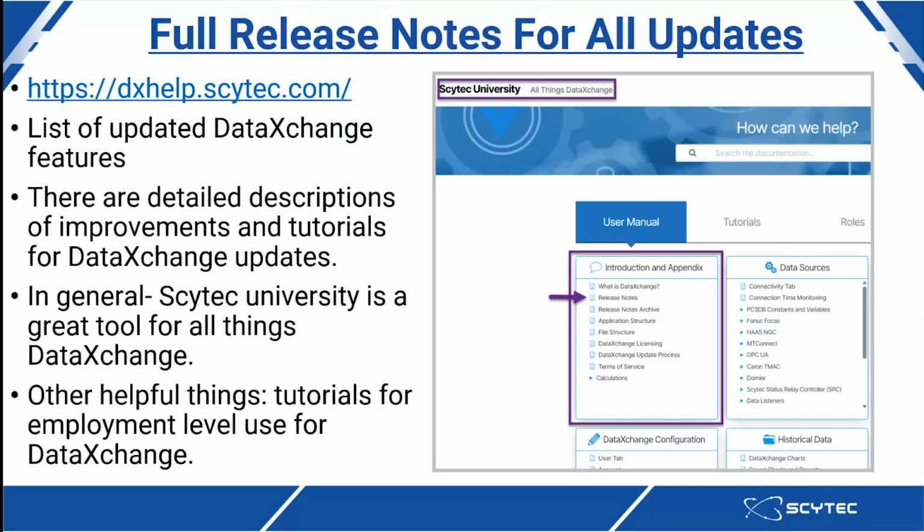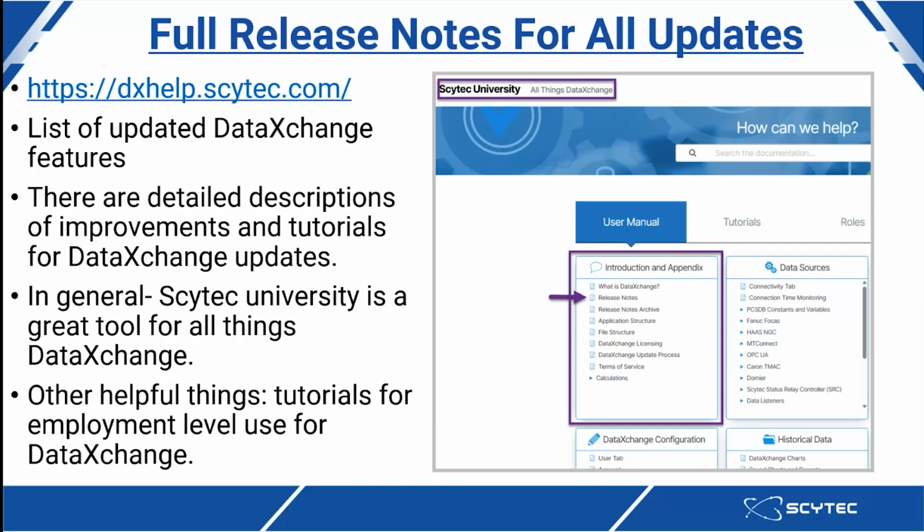So where you can find out about all of the stuff that is in a data exchange update can be found at our Scytec University website, which can be found at dxhelp.scytec.com, where you can find a list of the updated features in that release, which you can see in that image over on the right. You can see an arrow pointing to where it says release notes.